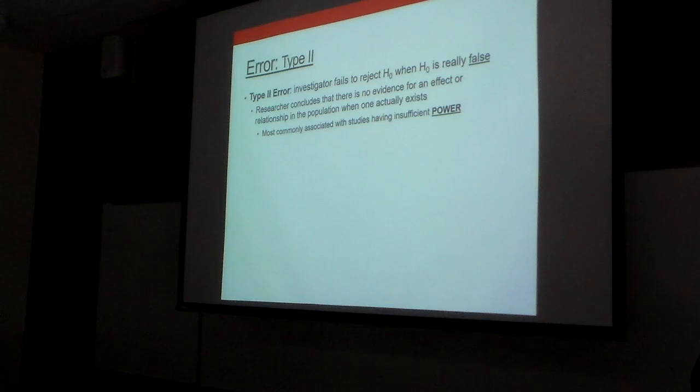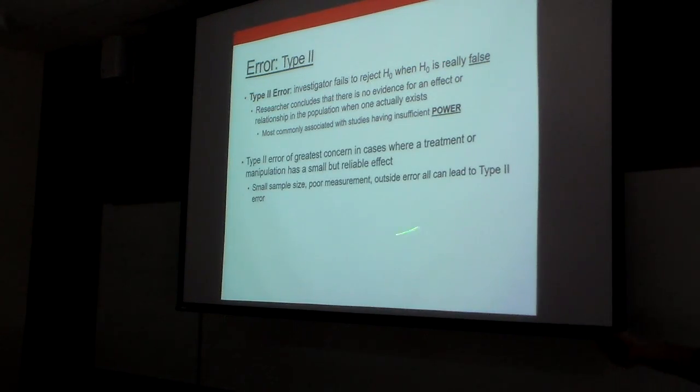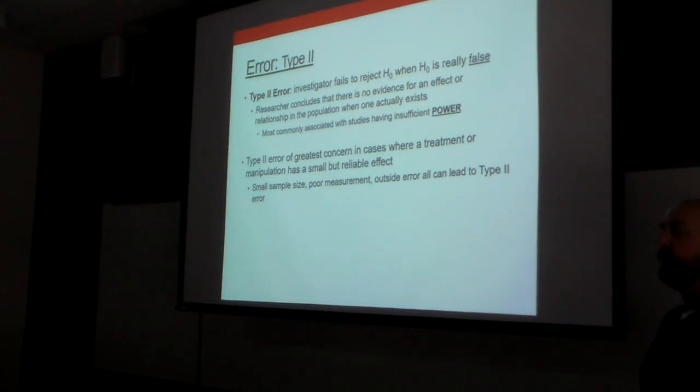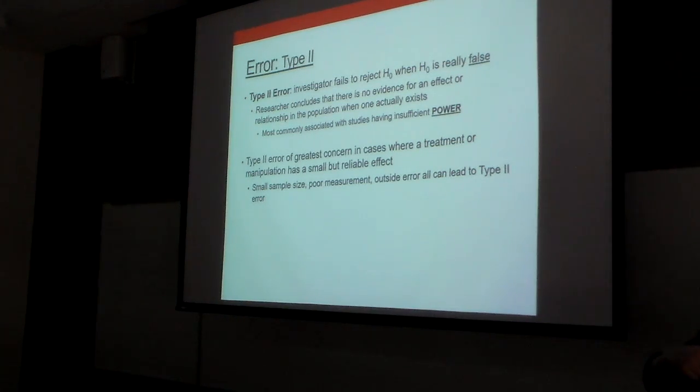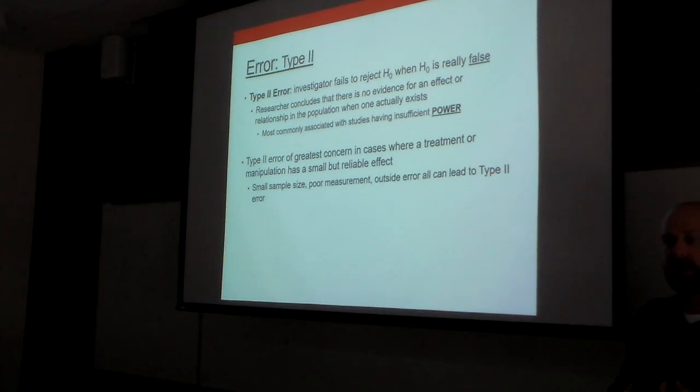Other questions about our type 2 errors? All right, so our type 2 errors, greatest concern, where treatment manipulation has a small but reliable effect. We're doing something in the lab. I'm coming in and I'm doing something. So Nick, you've got a manipulation, you're doing something with teasing and sort of jury manipulation, something like that.